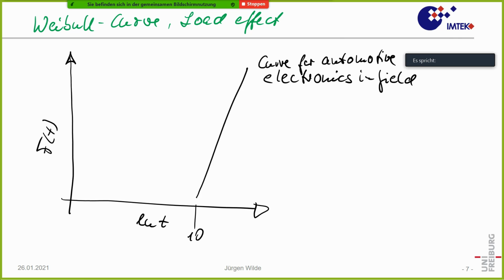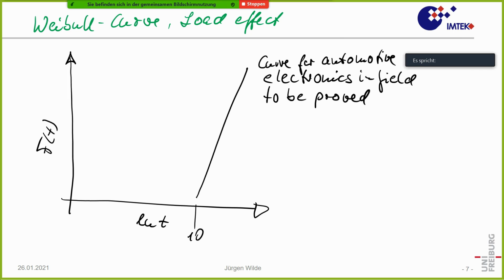Now we want to make sure that our automotive electronics will reach this, and that must be proved in some way. And of course, it is not possible that you test for 10 years, and also you cannot test for 10 years with 1,000 cars.